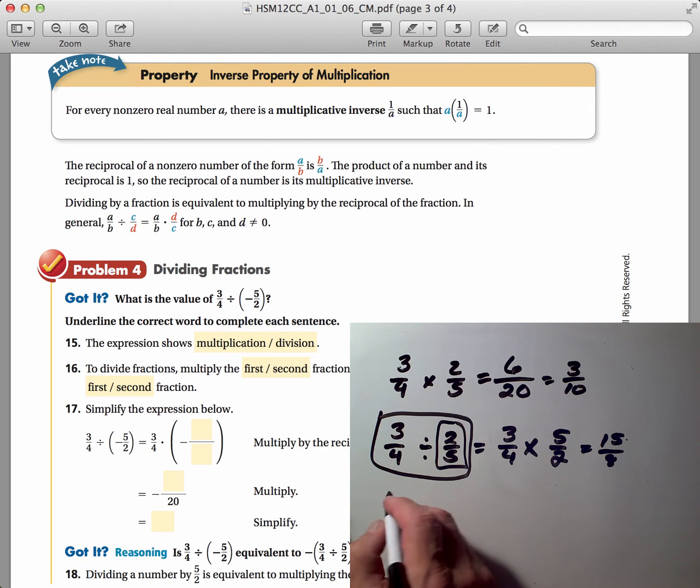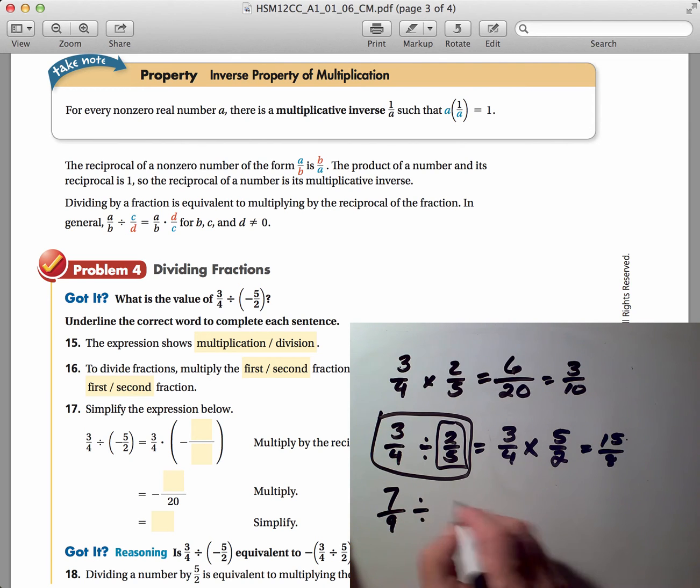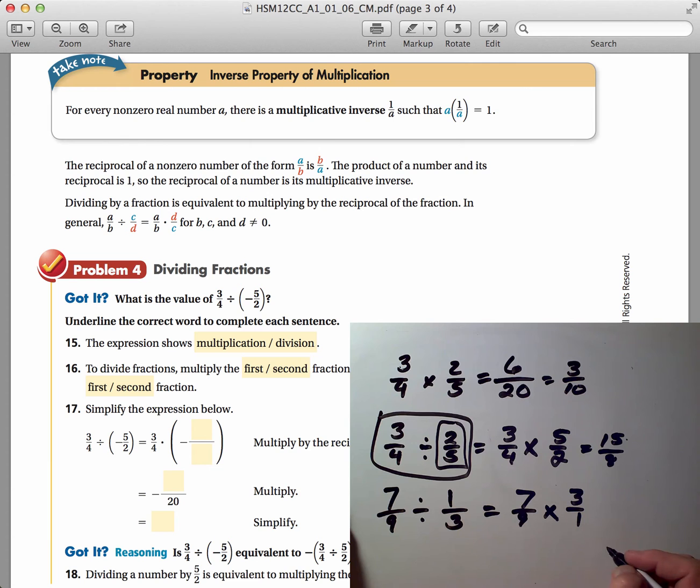Let's try that one more time. Let's say we have 7/9 divided by 1/3. Can we come up with a multiplicative inverse for this? Yeah, it's pretty easy. 7/9 times 3 over 1.